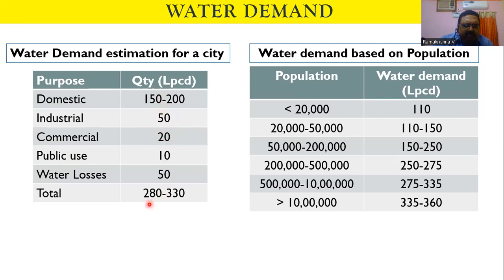Thereby we come to 280 to 330 liters per capita per day overall, with the entire system losses included. And there are other guidelines given based on population, less than 20,000 and greater than 10 lakhs. Considering all these water demands, it is a minimum of 110 LPCD to more than 330 LPCD. So this is how we normally calculate the water demand for a particular region.